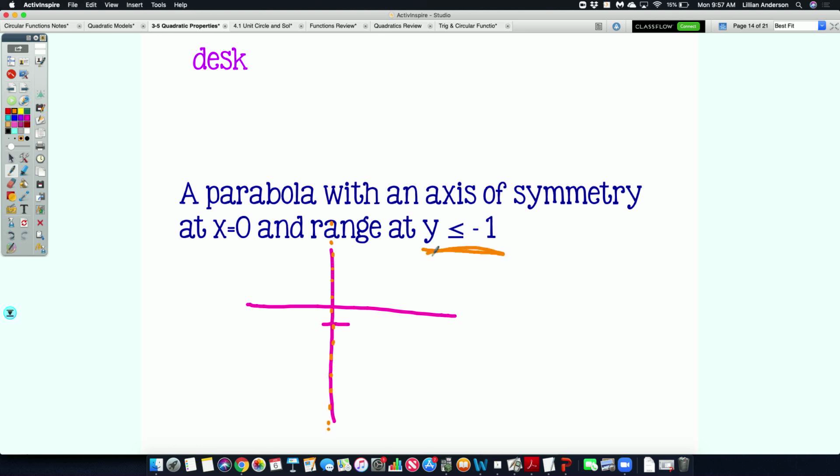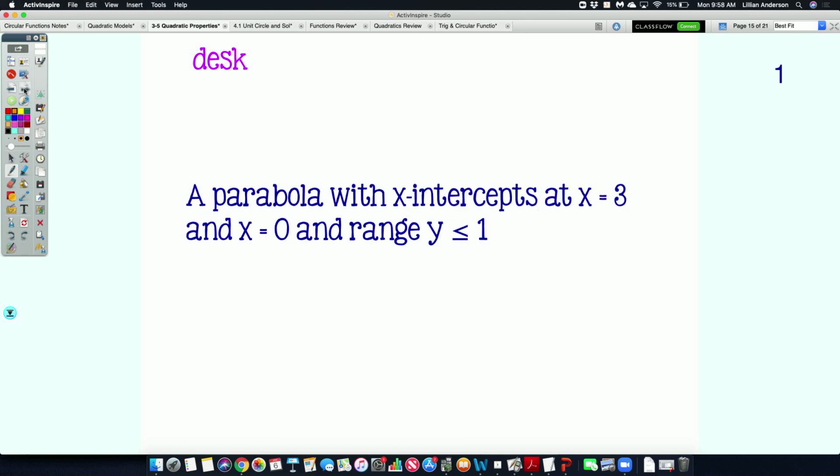And if the range is less than or equal to a particular value, that means the vertex had to be at -1. And it said less than, so it opened down. The range of any quadratic is dependent on the y-coordinate of the vertex. Every time. Do I have enough to write the equation? No. Okay, let's go to this one.